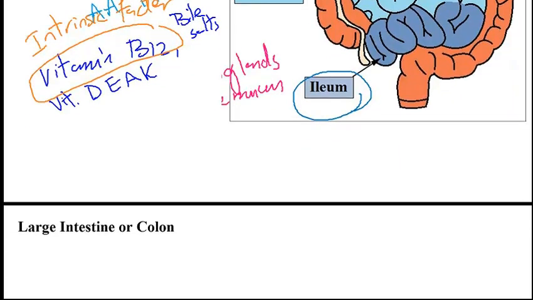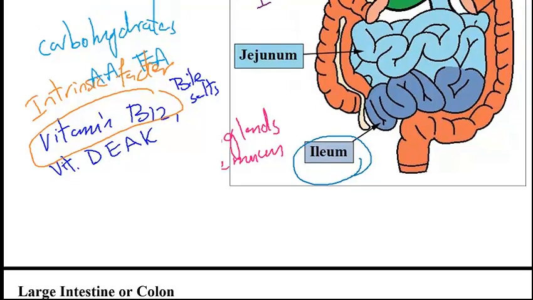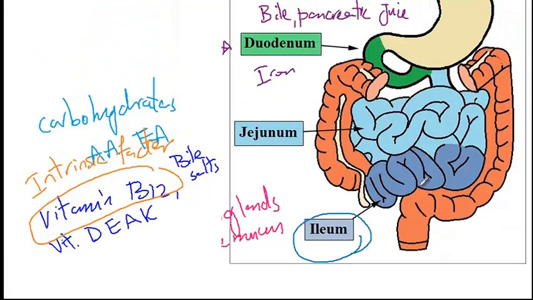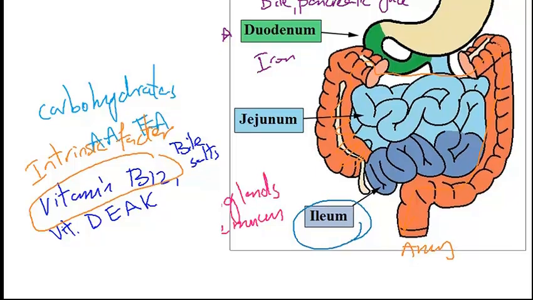Now the next section that we have is the large intestine or colon. And this section starts from the end of the ileum. So once the ileum ends here, now here starts the large intestine that goes all the way through here to the anus. Now different sections of the large intestine include the cecum, which is the very first part of the large intestine.